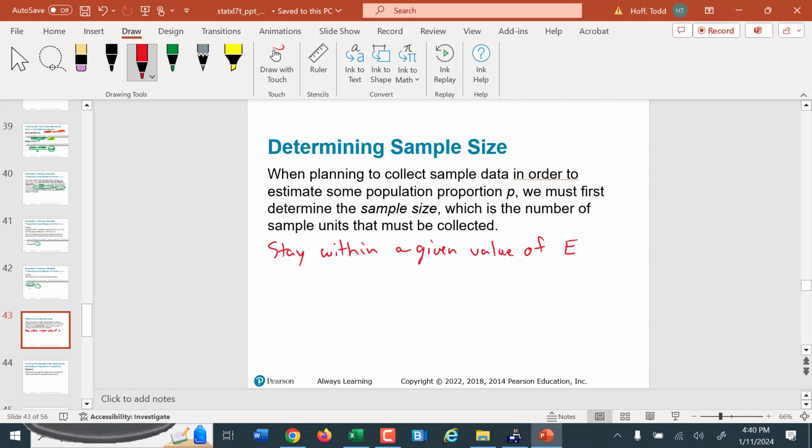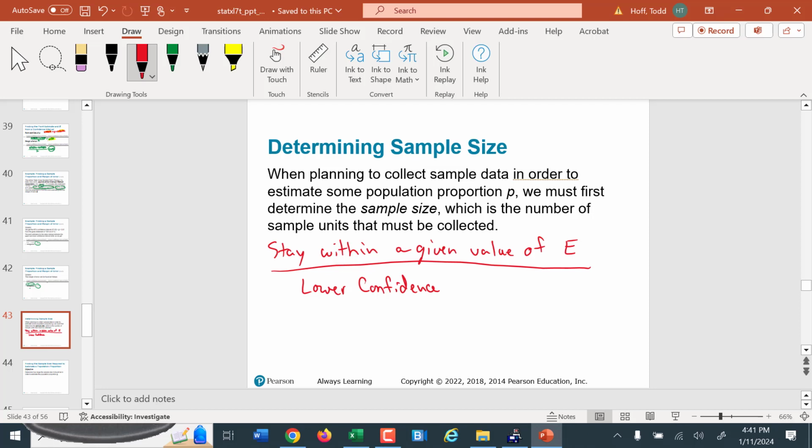that margin of error. The way we can do that is we can go lower confidence. Changing the level of confidence changes our critical value, so that could decrease the margin of error.